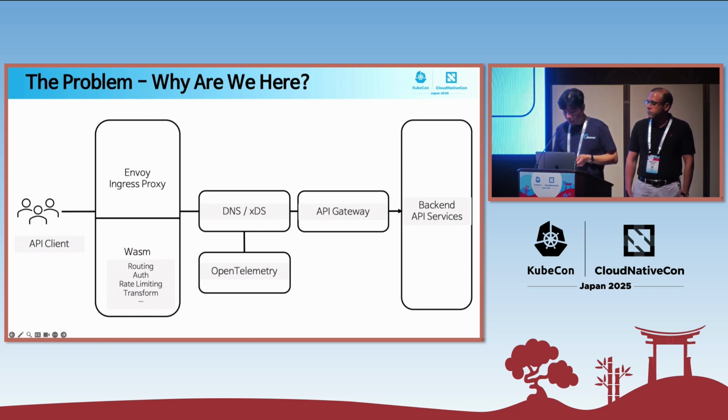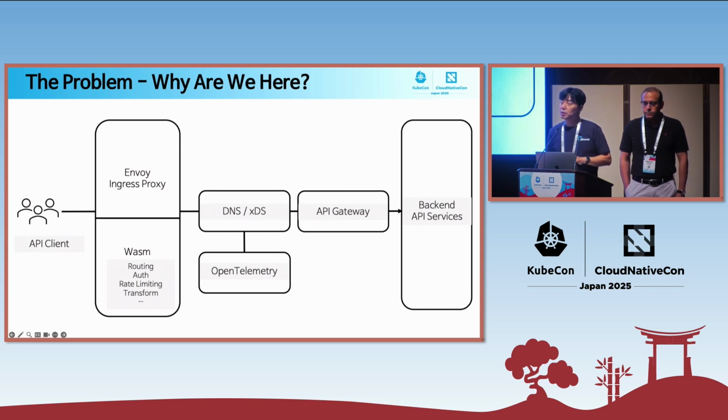We also need runtime flexibility and deeper observability. So this session is more focused on having Wasm as extended filters integrated with the Envoy proxy. And there is also OpenTelemetry to monitor everything. It can be integrated with Envoy, your deployment, and Wasm filters as well, so they can be everywhere.